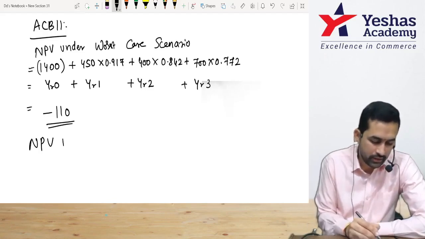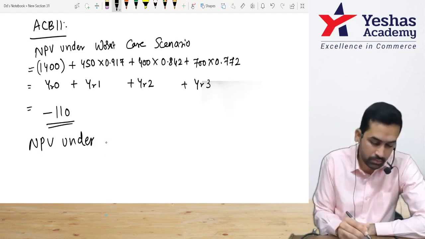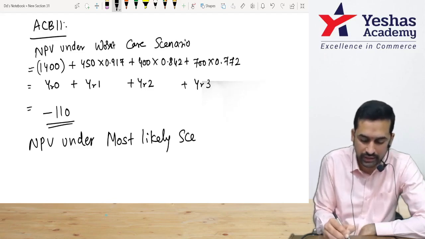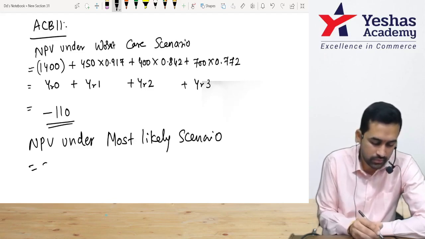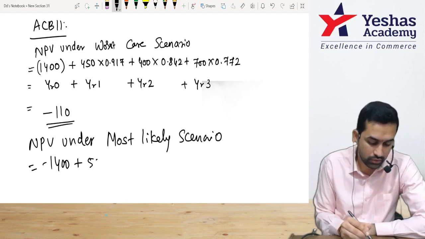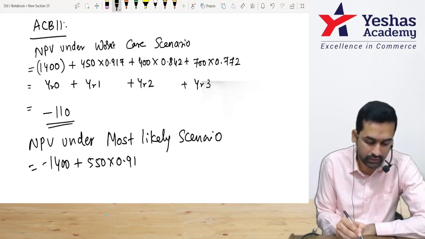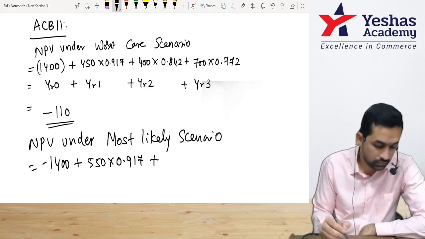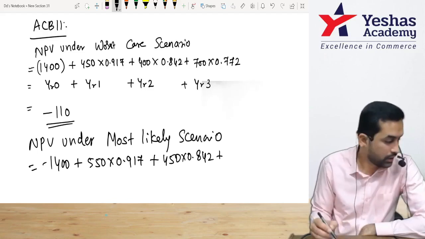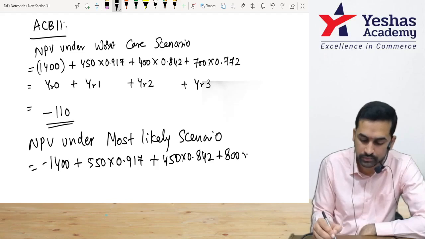Second NPV under moderate scenario or most likely scenario, minus 1400, 550 into 0.917, 450 and 800.